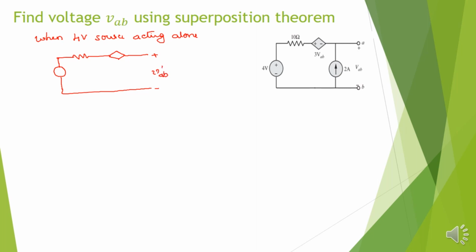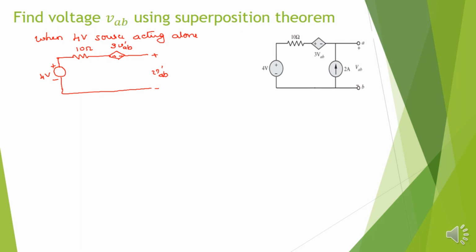So what happens, this voltage source, when it is AB, 3 VAB. So this is 3 VAB dash. So this is 10 ohms and this is plus minus 4 volt. Now this current source acts as an open circuit. Correct? So now apply KVL to this.